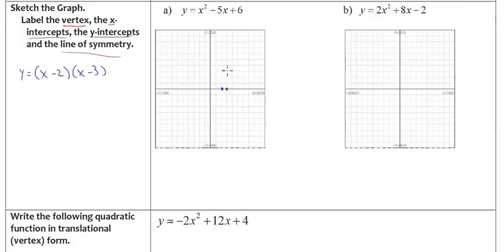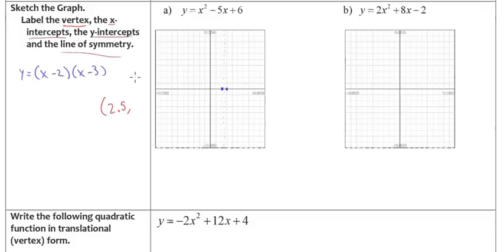All right. So our axis of symmetry, again, it goes right through the vertex. And either way you go about finding it, the x value of the vertex is at 2.5.